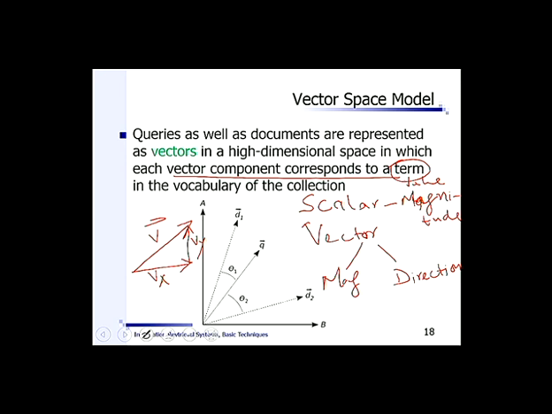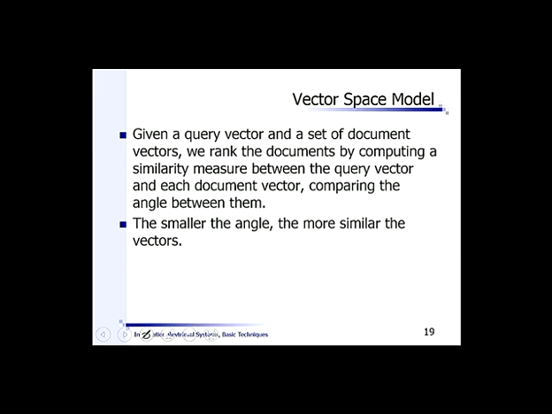If you can recall, in Shakespeare's 37 plays, the size of the vocabulary was something like 27,000, 28,000. I cannot recall exactly, but it was in the tens of thousands, right? So a document, when we represent it as a vector, will have a component for every term in the vocabulary.